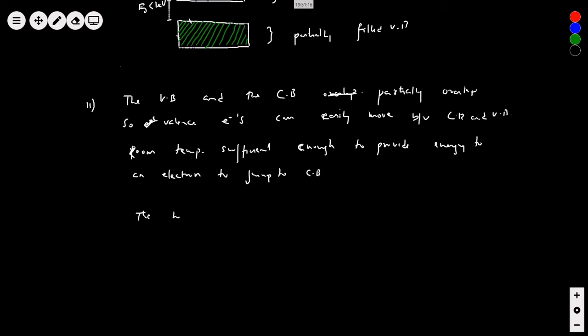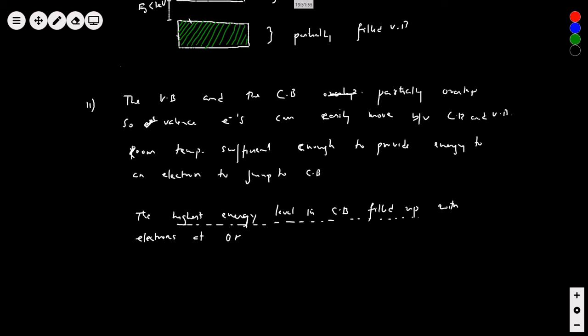Underline it: the highest energy level in the conduction band filled up with electrons at 0 Kelvin is called the Fermi level, and the corresponding energy is called the Fermi energy.